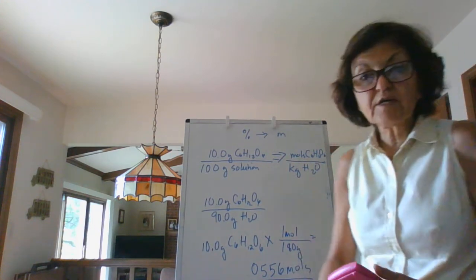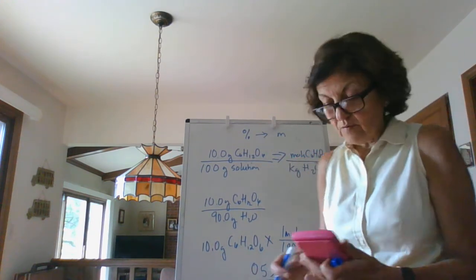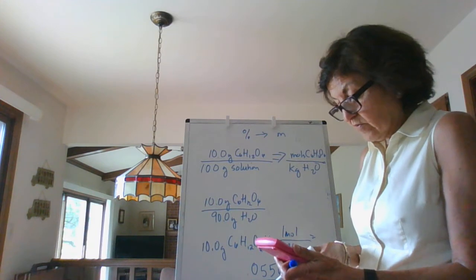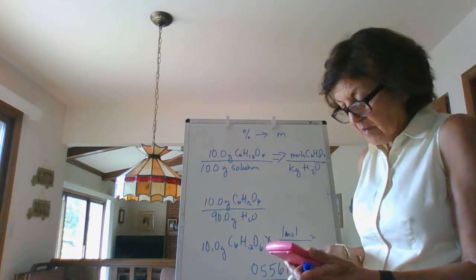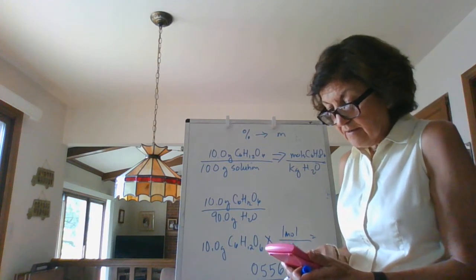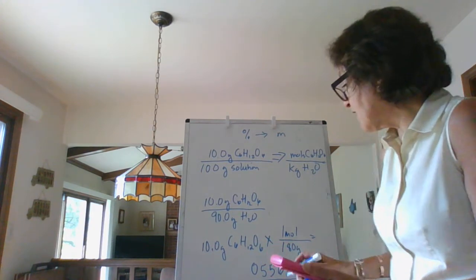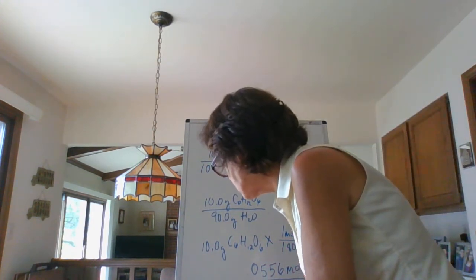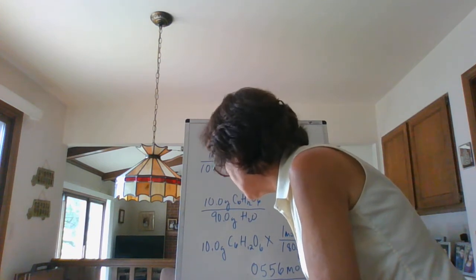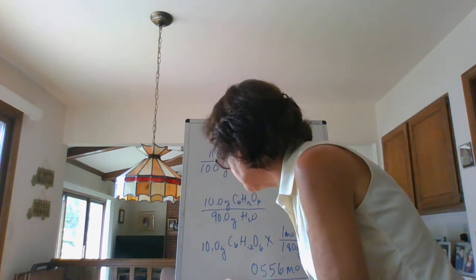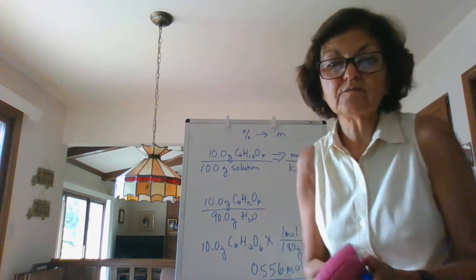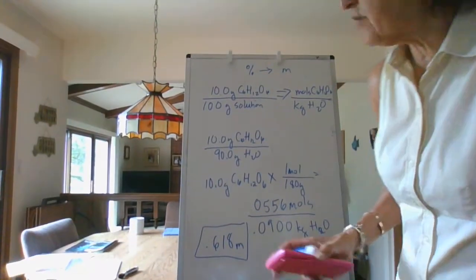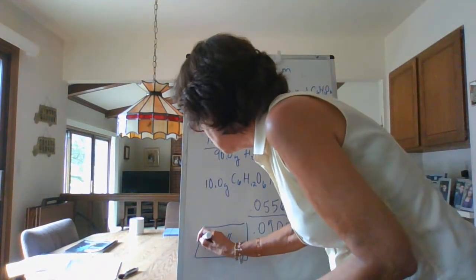So moles over kilograms, that is molality, right? So 0.0556 divided by 0.090, and you've got 0.618 lowercase m molal.